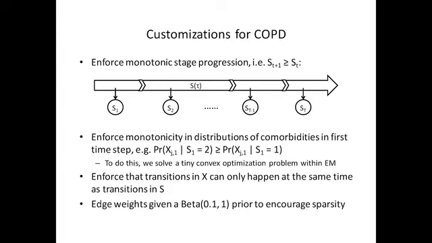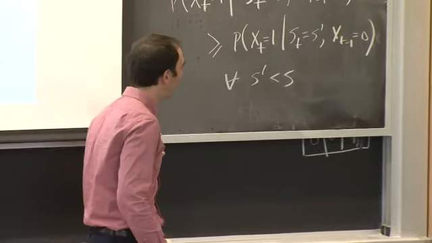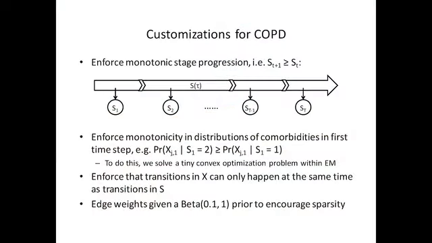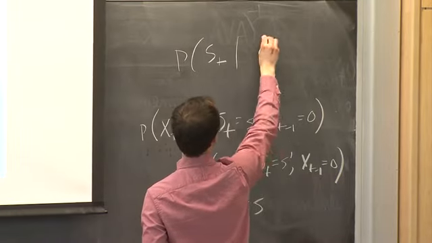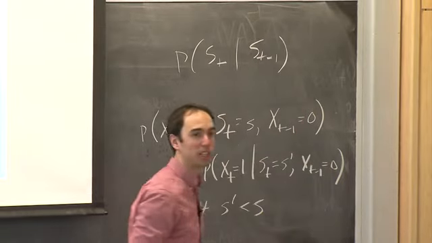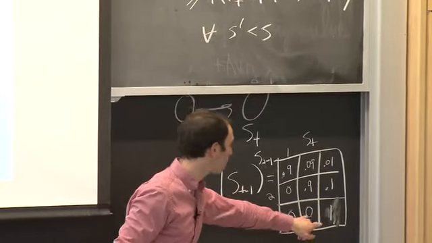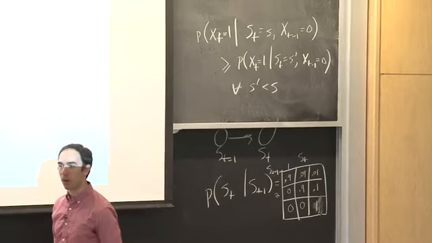So here I talked about a type of monotonicity in terms of the conditional distribution of X given S, but one could also put an assumption on P of S_t given S_{t-1}, which is implicitly an assumption on Q. And I gave you a hint of how one might do that when I said that you might put zeros to the left-hand side, meaning you can never go to the left. And indeed we did something like that here as well, which is another type of constraint.